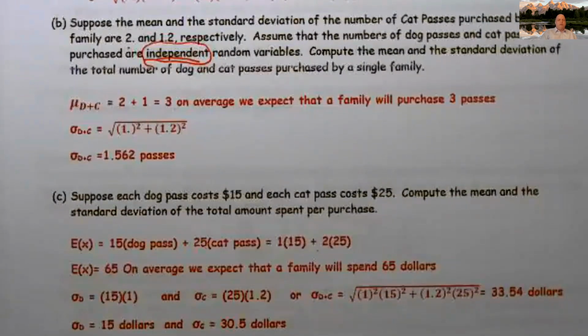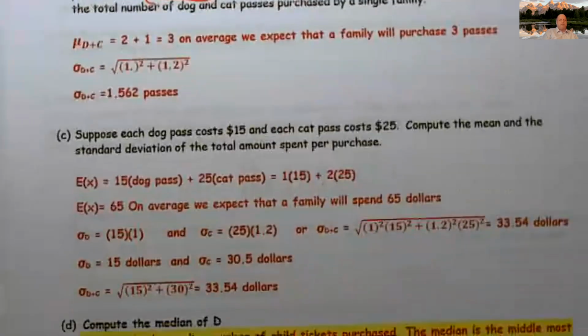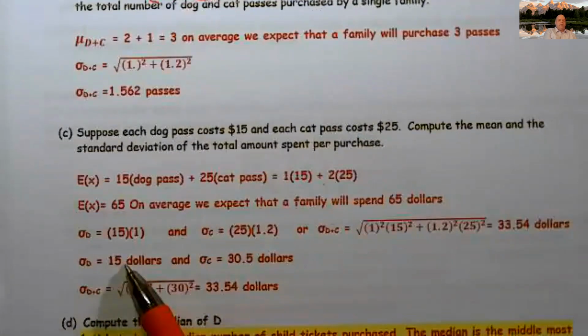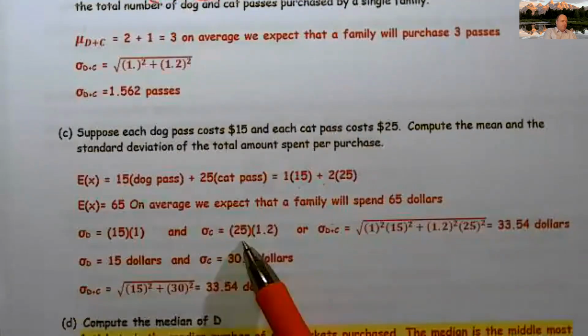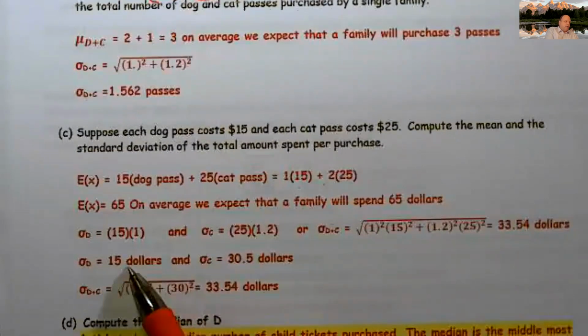And there are 2 different ways to do that. I'm going to look at the one below more specifically. Basically, 15 times 1 gives me a new standard deviation of $15. And 25 times 1.2 gives me another standard deviation of 30. So my cat standard deviation is 30, my dog is 15, and I want to combine them.